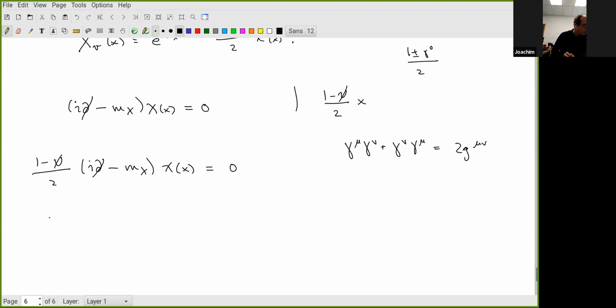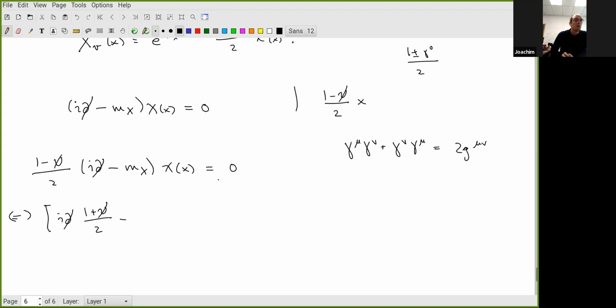So if we commute this thing past this operator, we get i d slash times (1 plus v slash)/2, and then a piece that is minus 2 times v dot d.